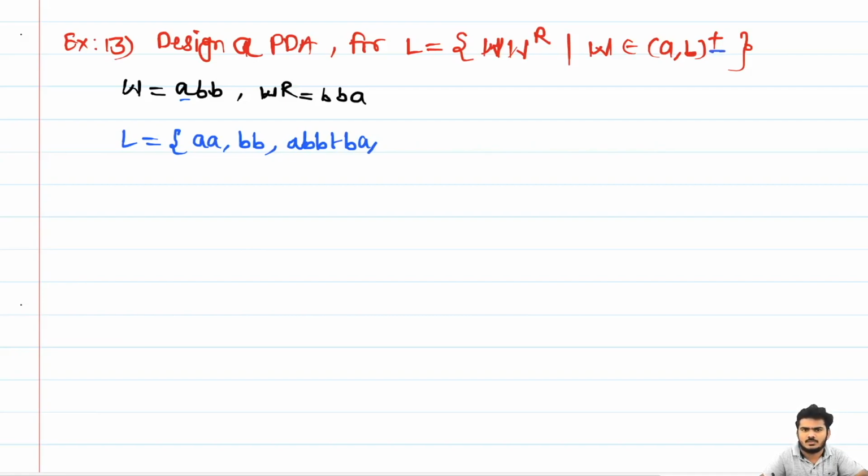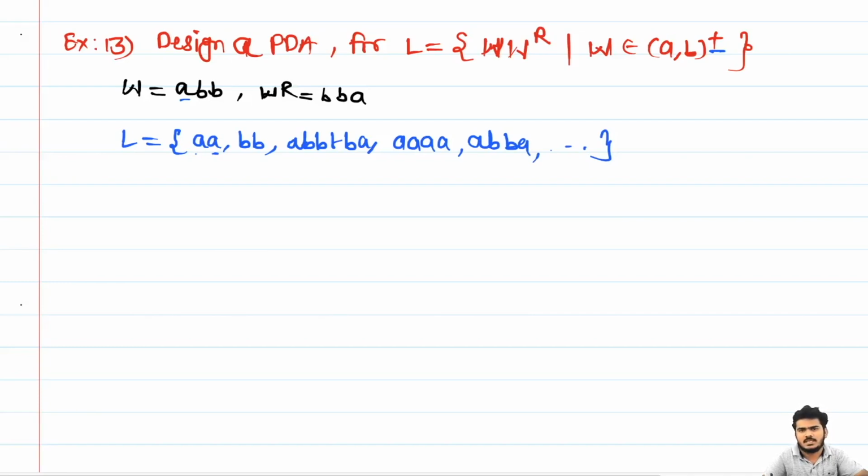Minimum one length string should be there for W, so W reversal is also one length. Then if aa is W, W reversal will be aa, so we get aaaa. Similarly ab, then ba, like this. We will get an infinite number of palindrome strings.